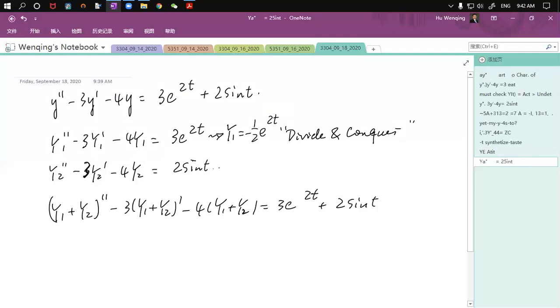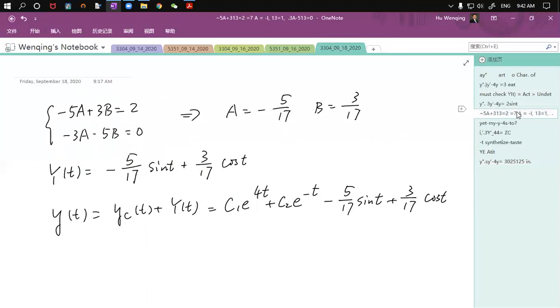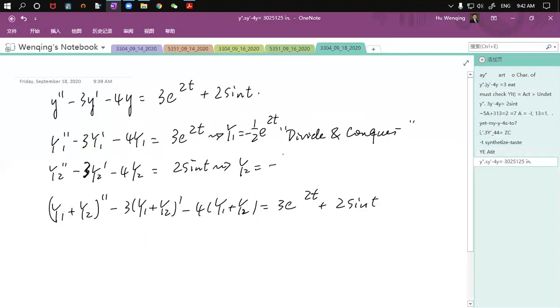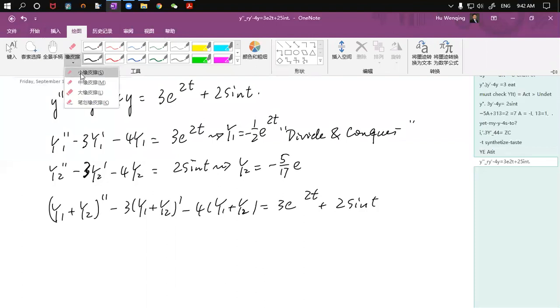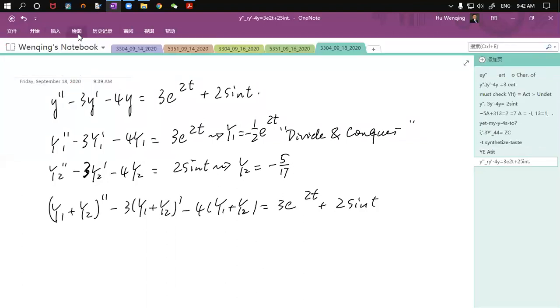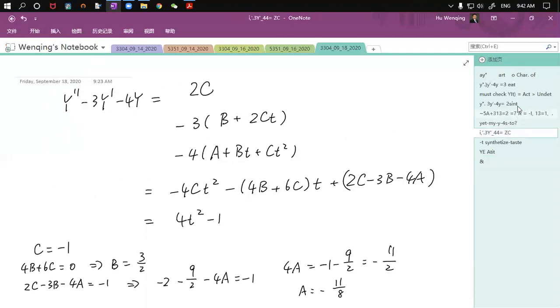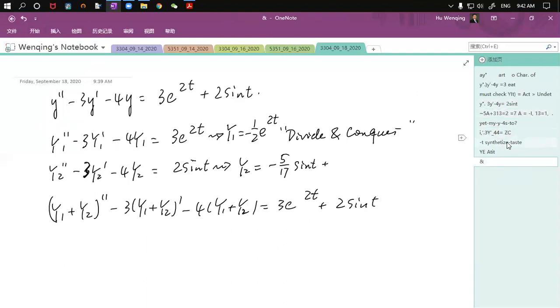And y2 is also already found, in our second example: minus 5 over 17 of sine t plus 3 over 17 of cosine t.